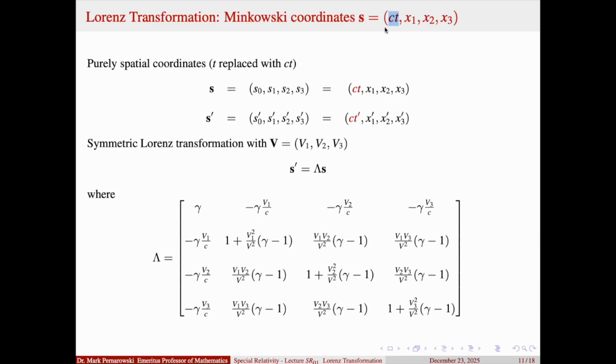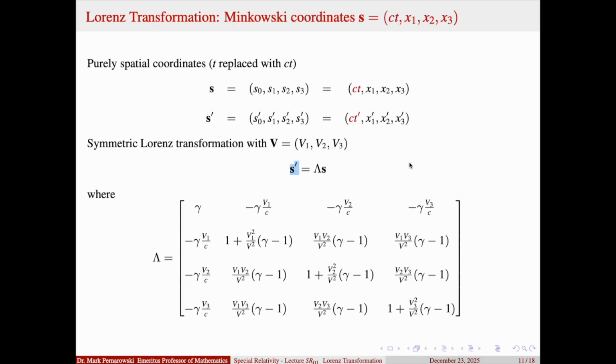If you make this very small change and use that formula on the previous page, I can get the matrix that transforms S coordinates in K to S prime coordinates in K prime. The result is this matrix below, which looks messy and complicated.